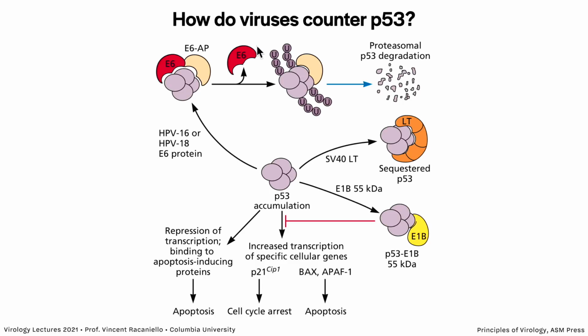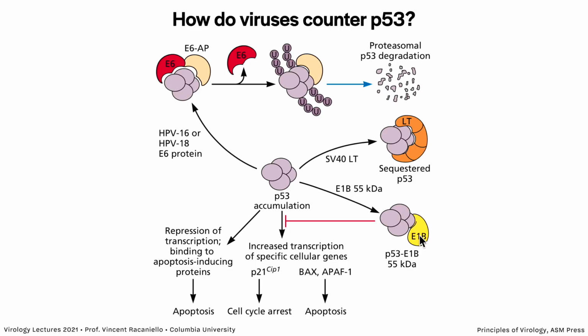Some of them cause degradation of P53. So P53 is in purple here. And here the papillomavirus T antigens are causing P53 to be ubiquitinated and degraded by the proteasome. Large T simply binds P53 and sequesters it, as does the E1B protein of adenovirus.